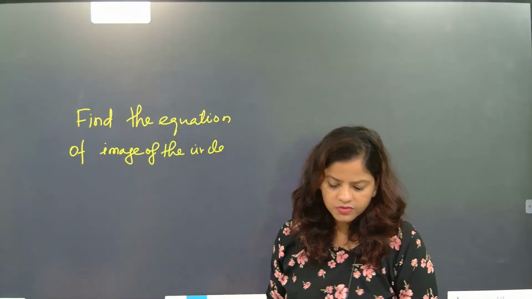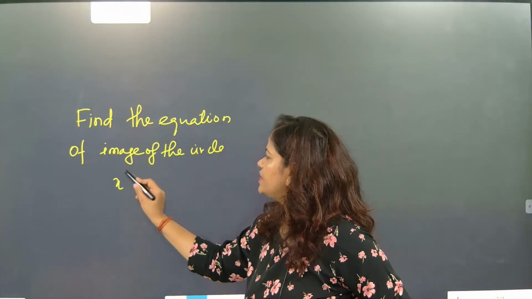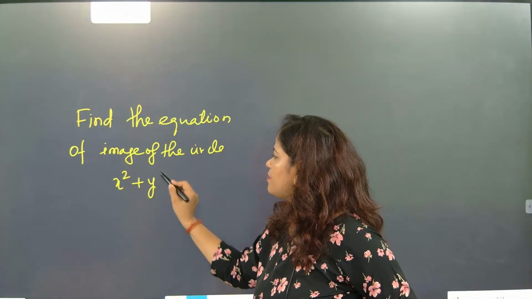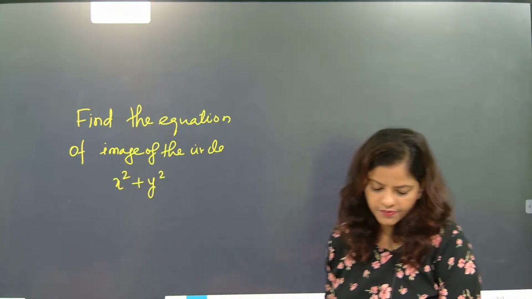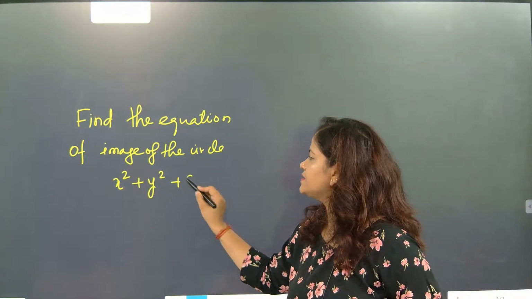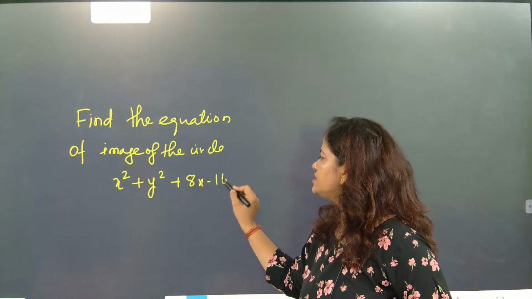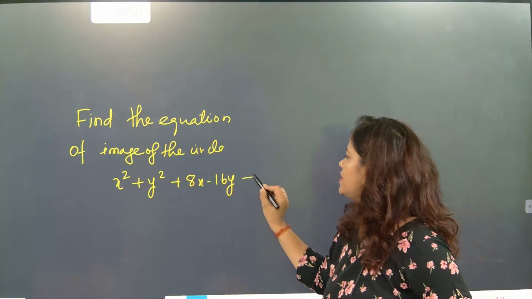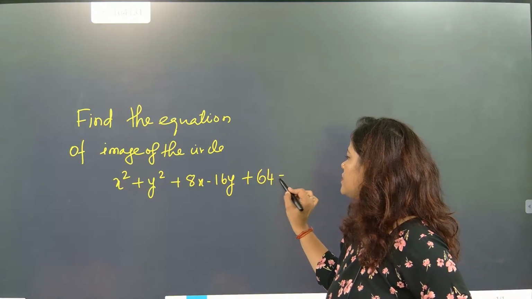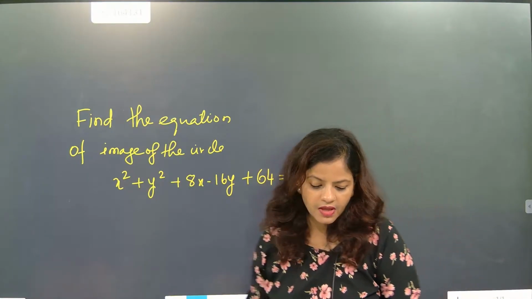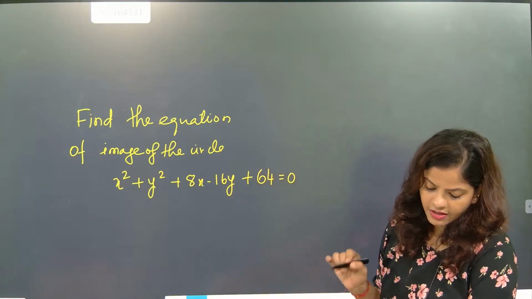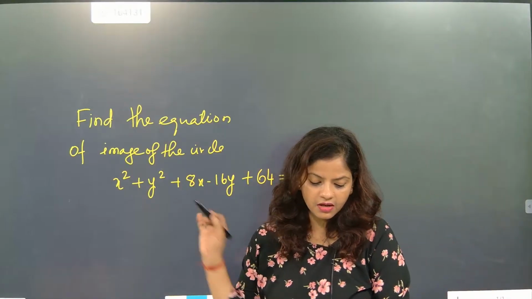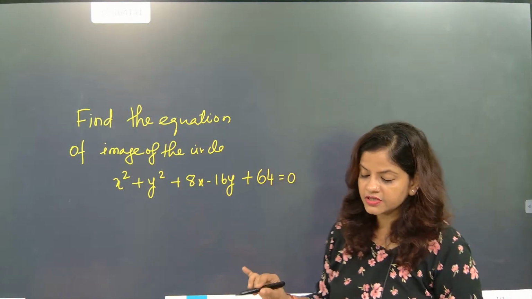Understood? Now the circle equation given to you is x square plus y square plus 8x minus 16y plus 64 equal to 0. Got it? And in the line mirror x is equal to 0.